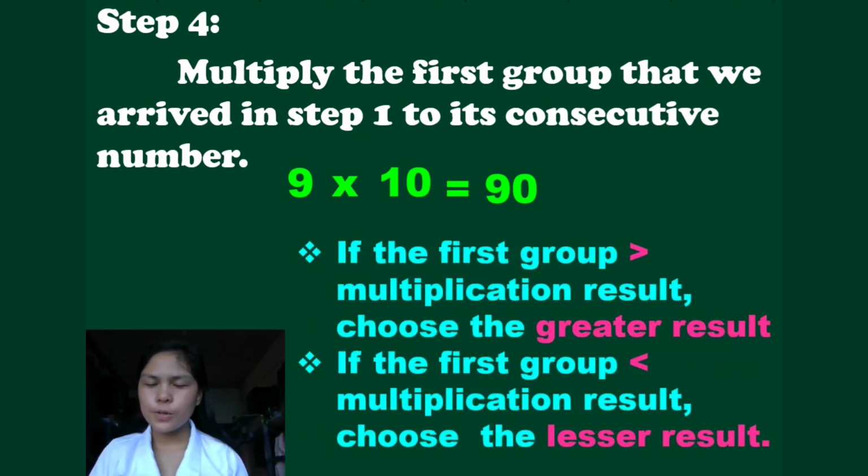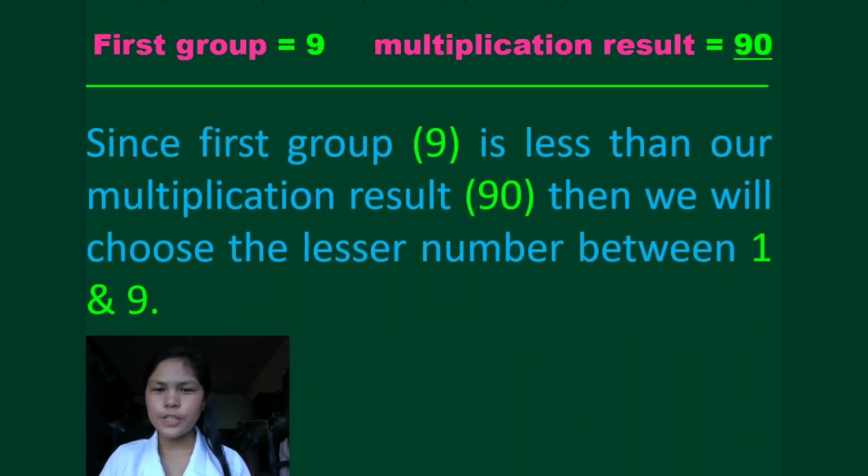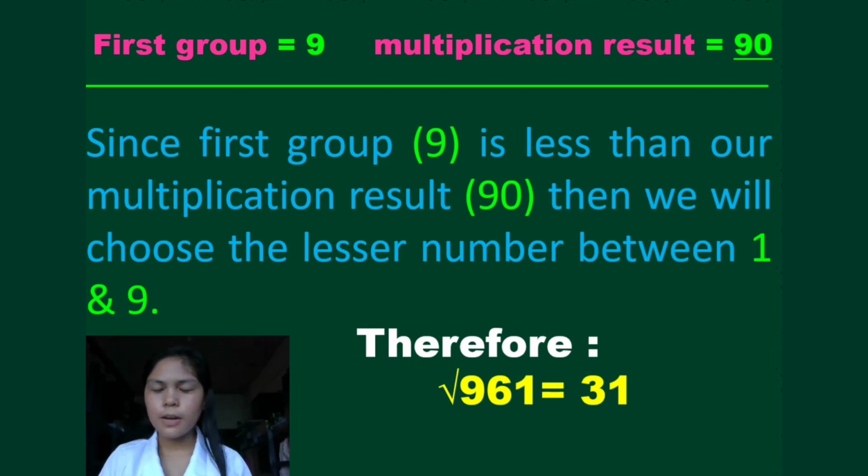If the first group is lesser than the multiplication result, we have to choose the lesser result. Since our first group, which is 9, is less than our multiplication result, which is 90, we will choose the lesser number. So between 1 and 9, we will choose number 1. Therefore, the square root of 961 is 31.